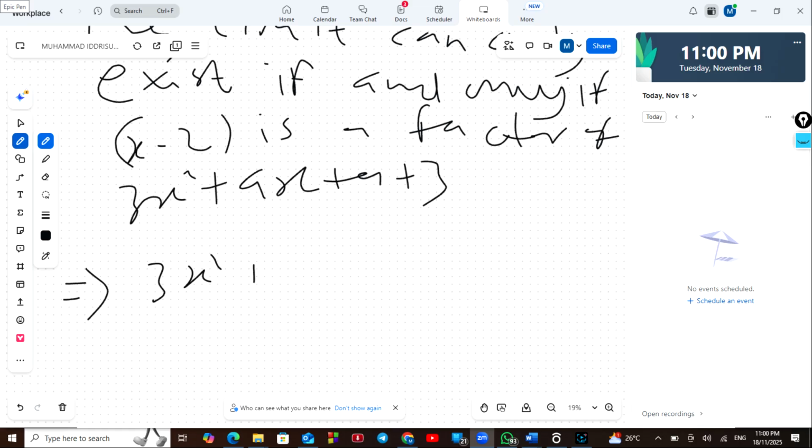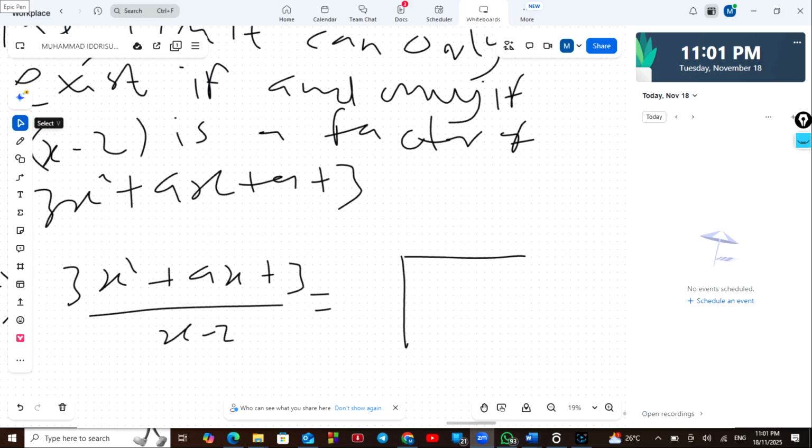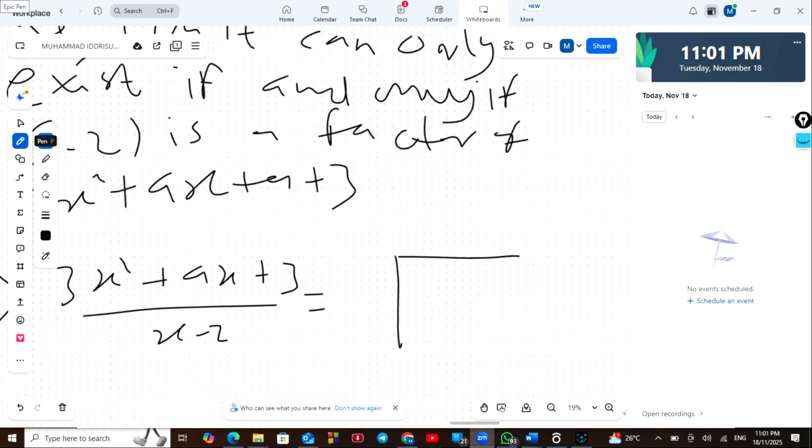3x squared plus ax plus a plus 3 over x minus 2 is equal to, so if we use long division, let me bring the x minus 2 here.